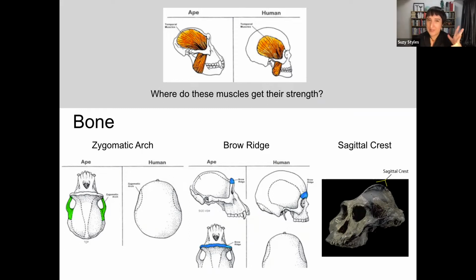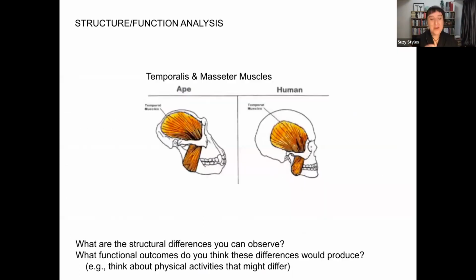When we look at the picture of the muscle bundle on the side of the ape's head, not only does it come all the way up the side of the head, but at the very, very top, there's a separate bony protuberance for it to attach to so that it can once again increase the loads that the muscle can generate.